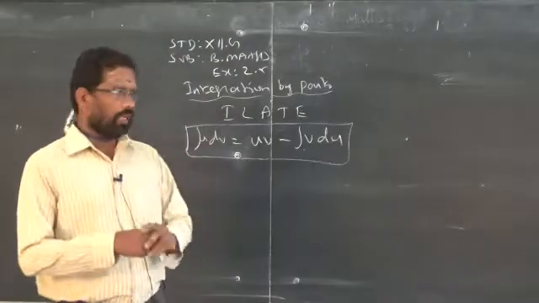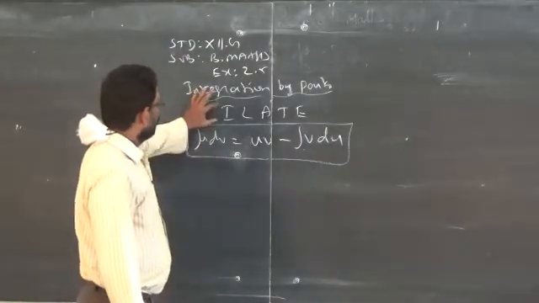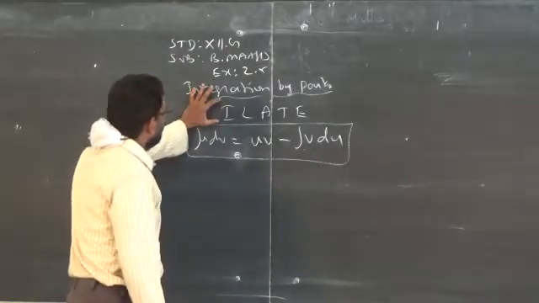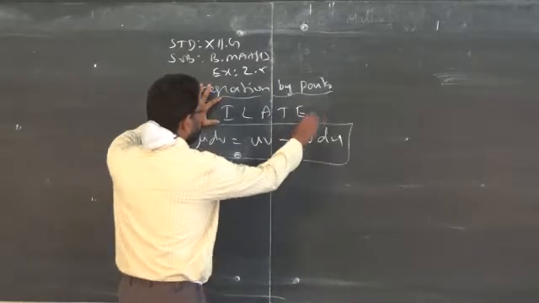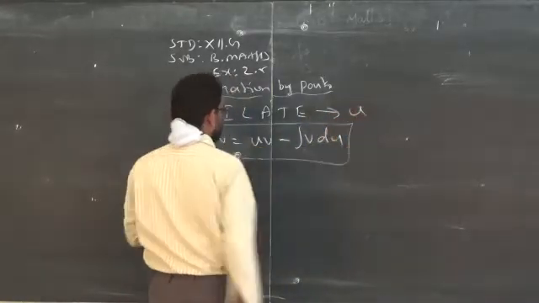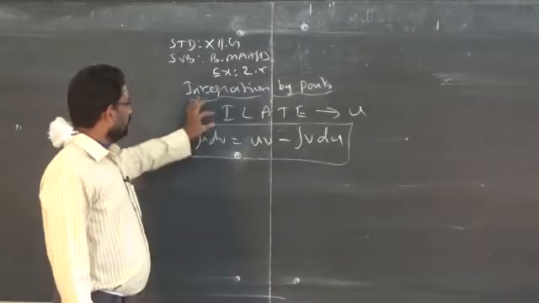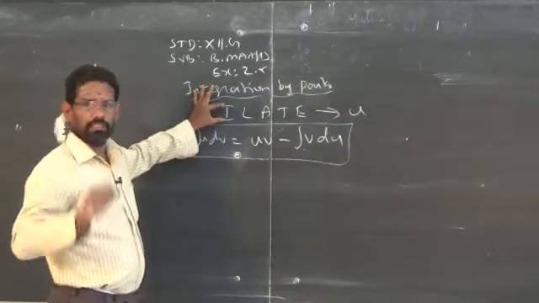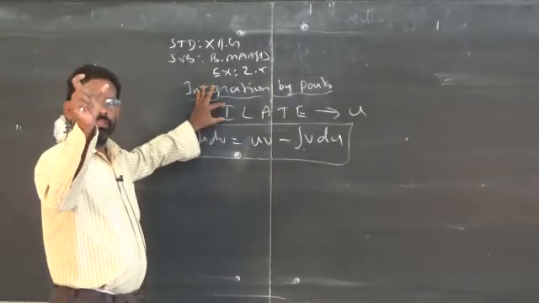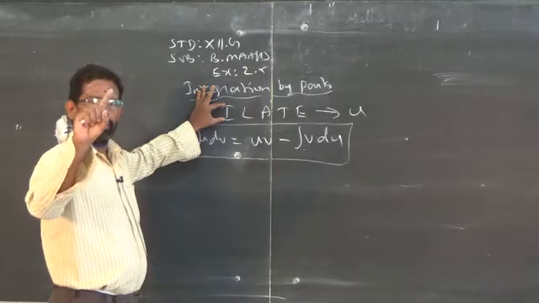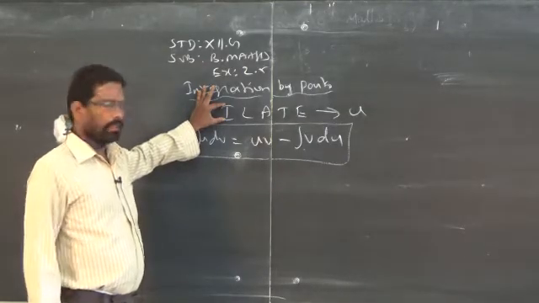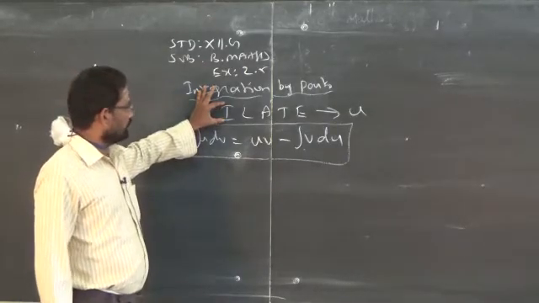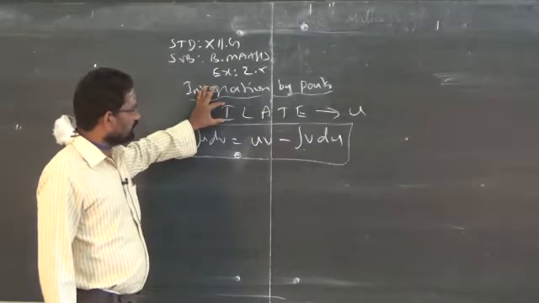So generally we have one technique, ILATE. You have to consider U by ILATE. What does ILATE mean? I stands for inverse function. When the integrand has two factors, you first check whether a factor is an inverse function.